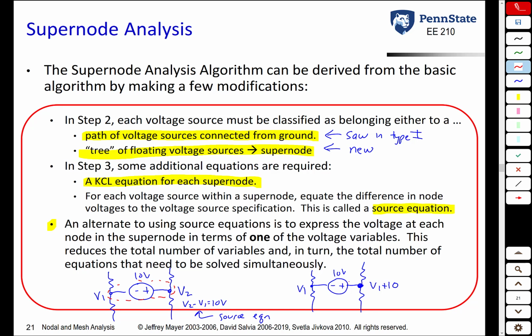We'd still have our supernode, and we'd still have to write our supernode KCL equation, that current plus that current plus that current plus that current is equal to 0, but we don't introduce another variable. Now this seems like it's actually better because you have one less variable to deal with. I personally find it a little confusing. I find it better to just define these voltages V1 and V2 and then write a source equation. Using this approach on the right actually yields fewer equations and fewer unknowns, which once again might seem like a good thing to do, but I find it a little confusing.